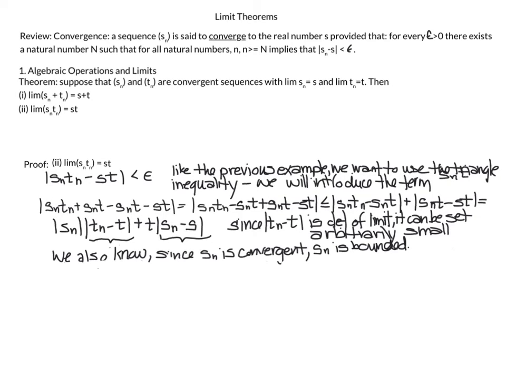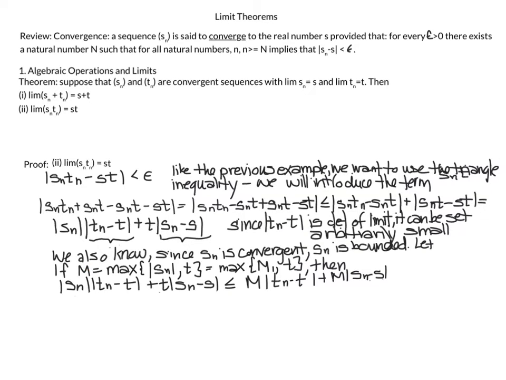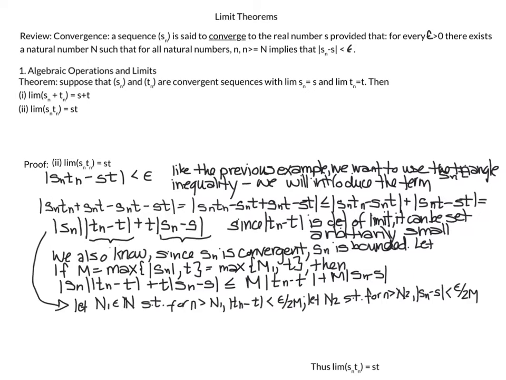We also know that since Sn and Tn are convergent, they are both bounded. So if M is equal to the max of M1 and T, then |SnTn - ST| is less than M|Tn - T| + M|Sn - S|.